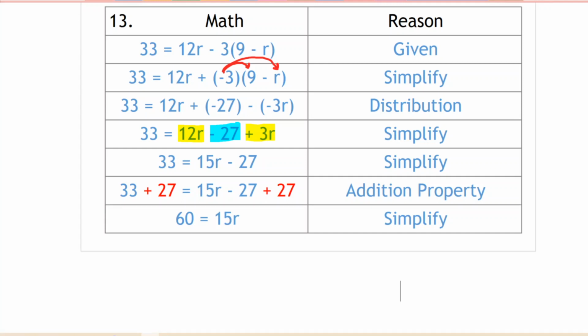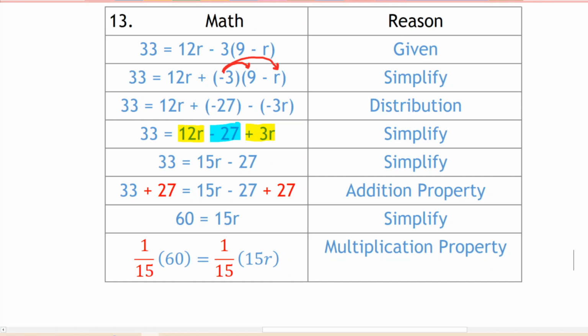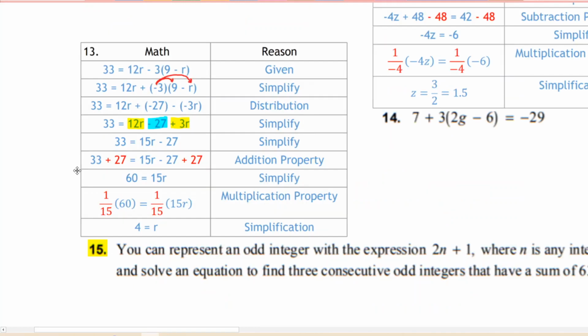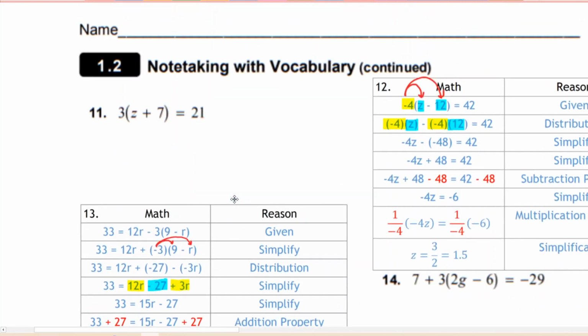Then our coefficient is 15, so we'll multiply both sides by 1 over 15. And boom, r is equal to 4. Or I guess it says 4 equals r, but that's the same thing as saying r equals 4. So there's our number 13, probably the most intense problem that we've done so far.